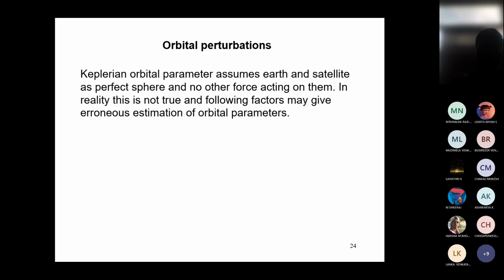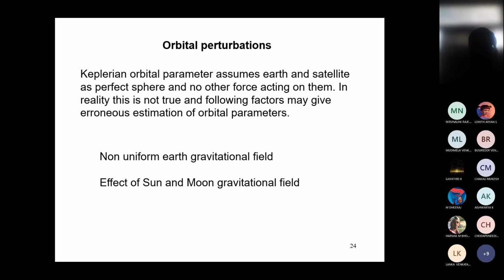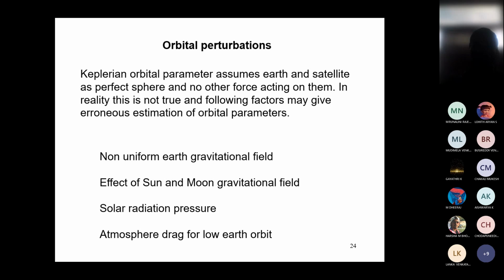In reality, this is not true, and the following factors may give erroneous estimation of orbital parameters: the non-uniform gravitational field, the effect of the sun and moon gravitational field, solar radiation pressure, and finally atmospheric drag for low Earth orbit.